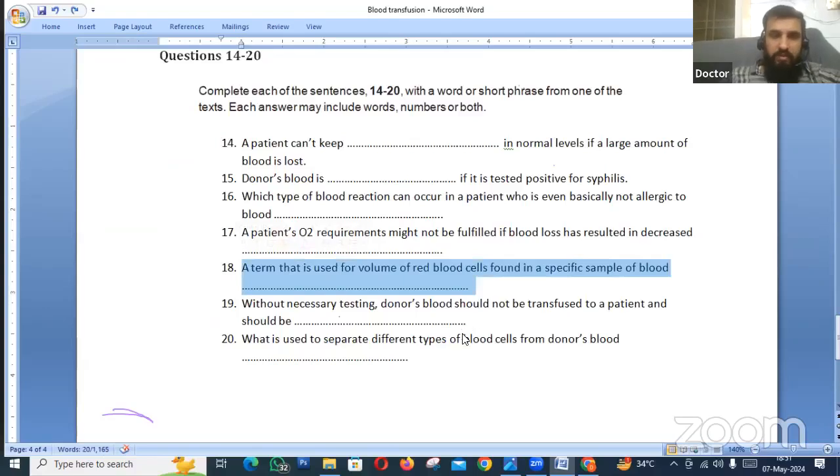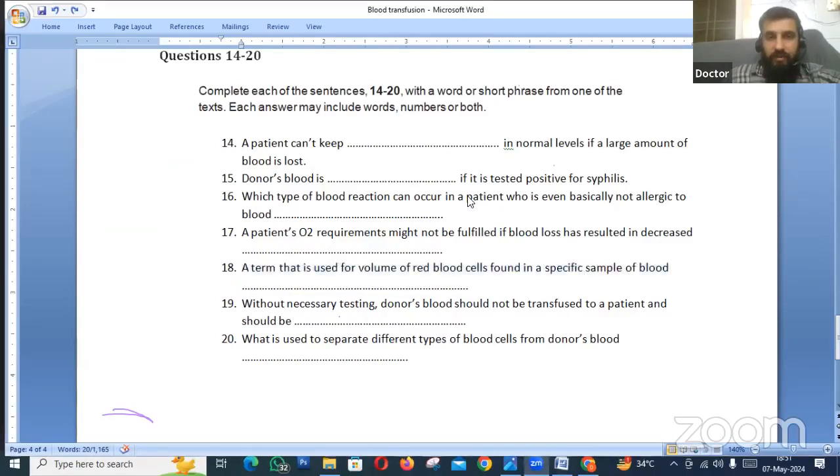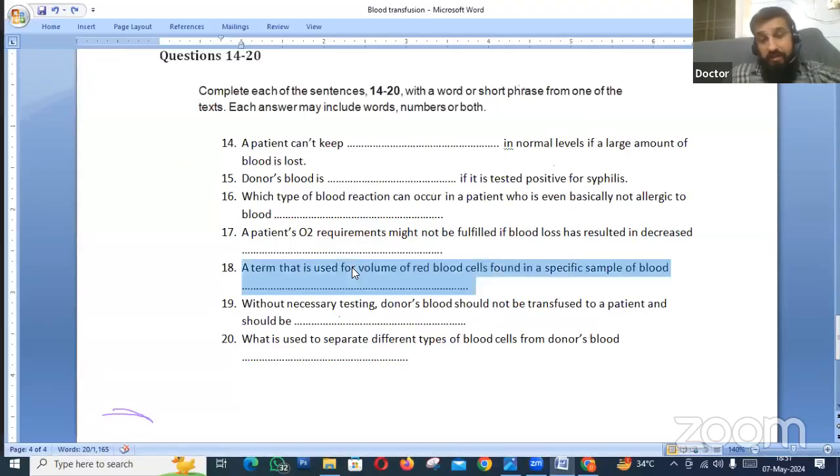A term that is used for the volume of red blood cells found in a specific sample of blood. Nobody will answer on call. You will just write in the chat. In which text is it possible to find the answer for question number 18? In which text?